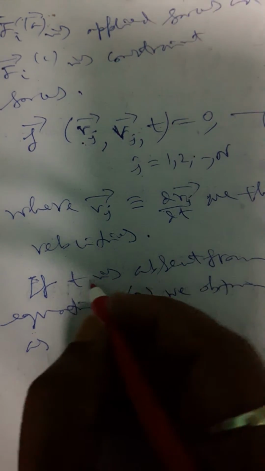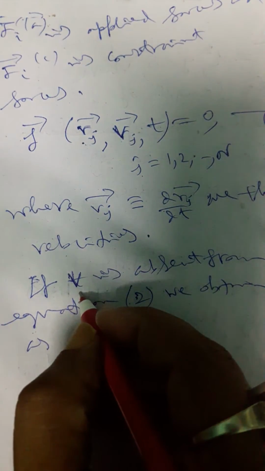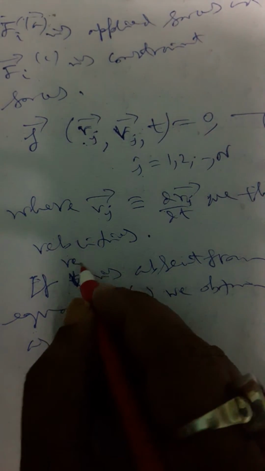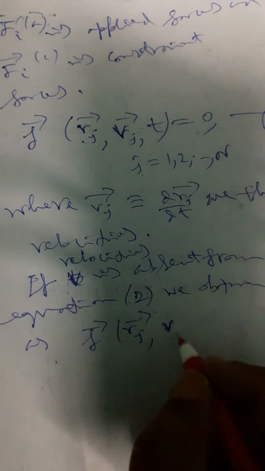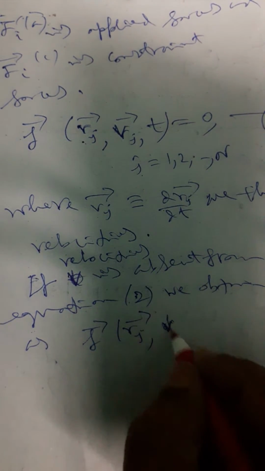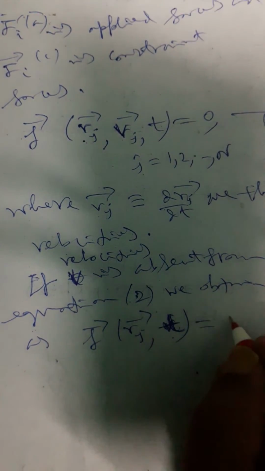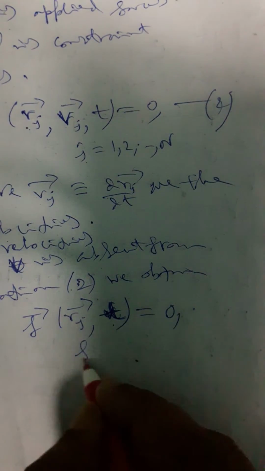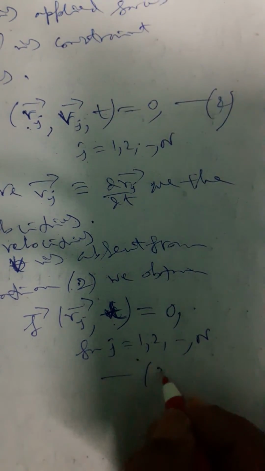Actually, if Vj, that means velocity, is absent, totally absent of velocities, then we can write f of Rj, t equals to 0 for j equals 1 up to n, taking it as equation number 3.